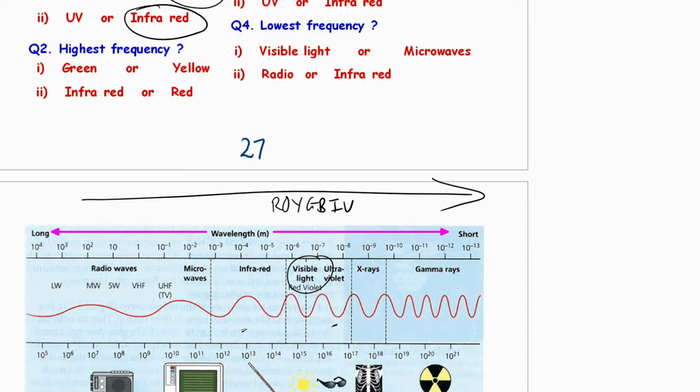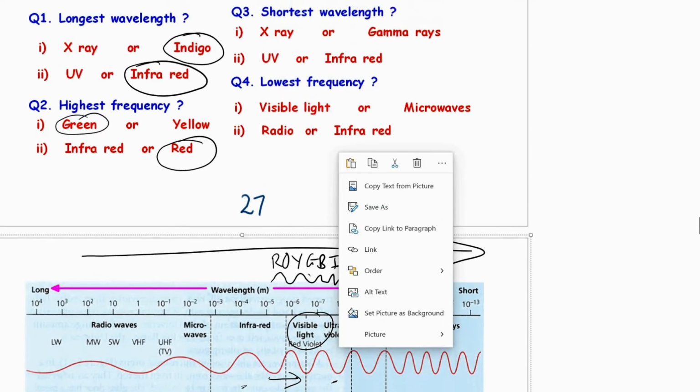Green has a shorter wavelength but a higher frequency than yellow, because the wavelength gets smaller as you go from red to violet. Infrared or red? Well, red, look, is to the right of infrared, so it's got a higher frequency.